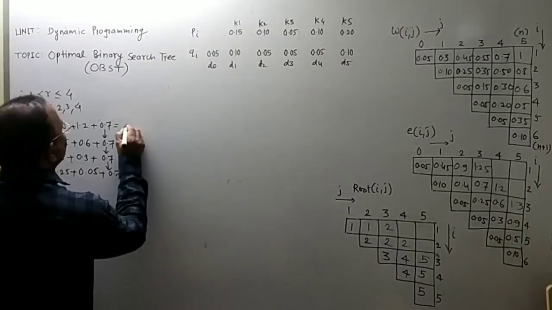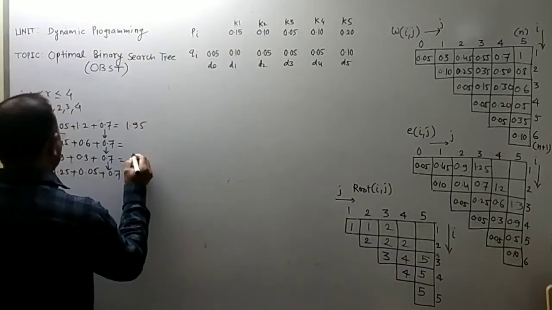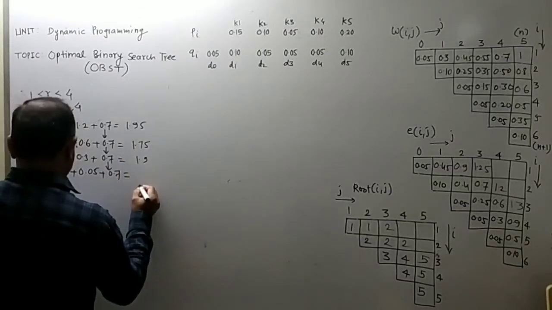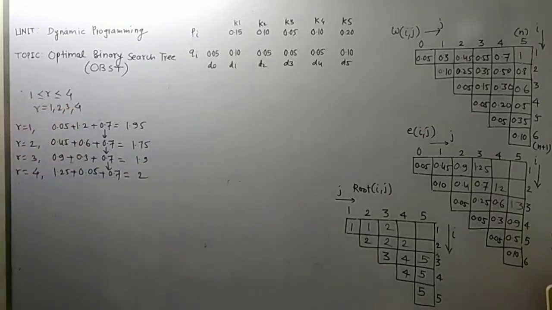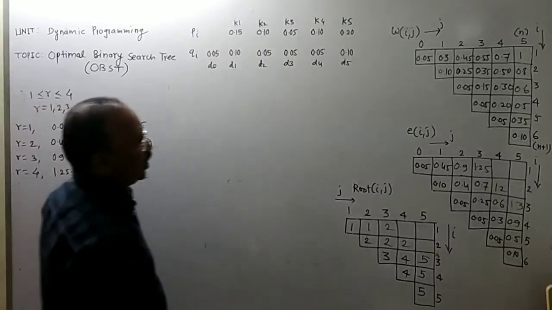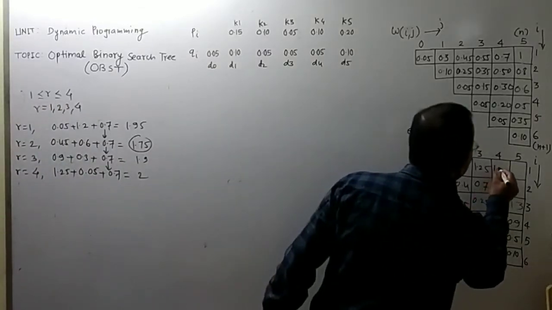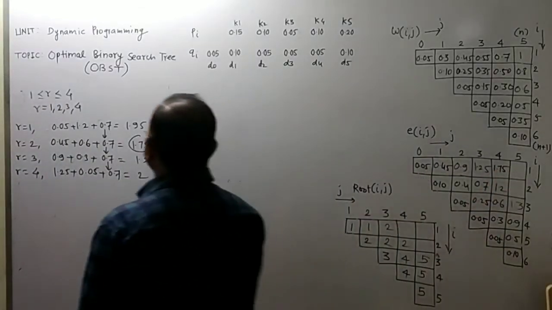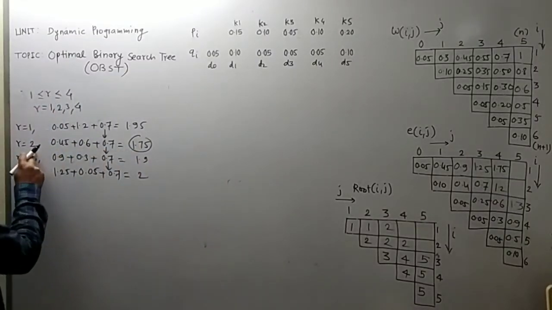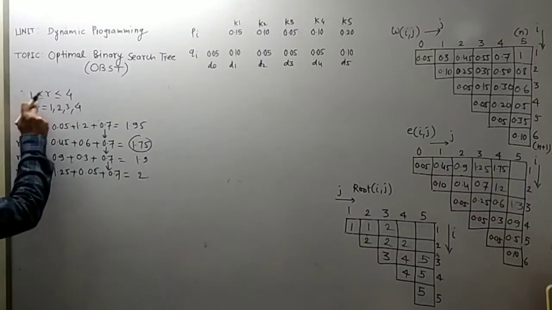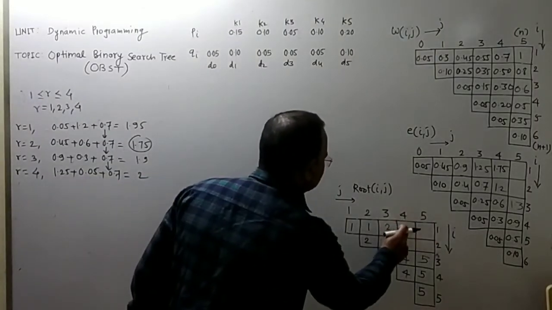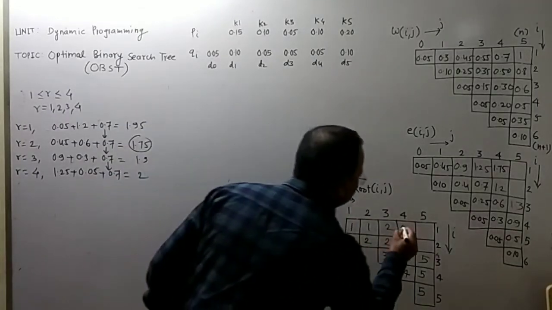The values are 1.95, 1.75, 1.92. So out of this the minimum is 1.75. So write here 1.75, and we have got 1.75 for r is equal to 2. Write 2 at the 1, 4 place in the root table. This is the 1, 4 place. So write here r is equal to 2.